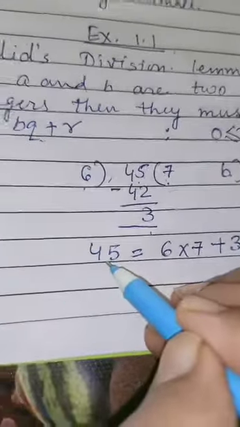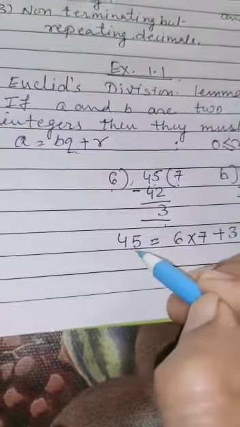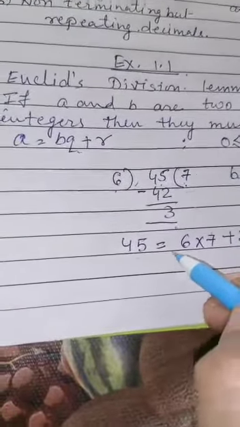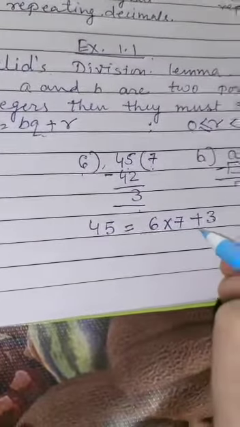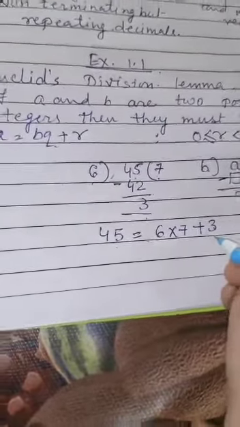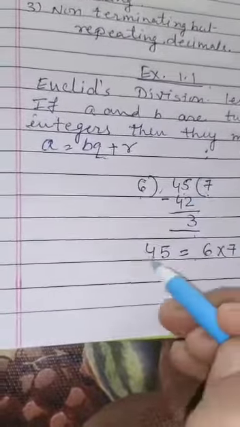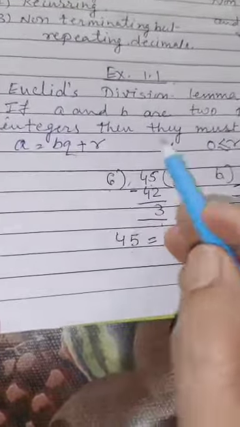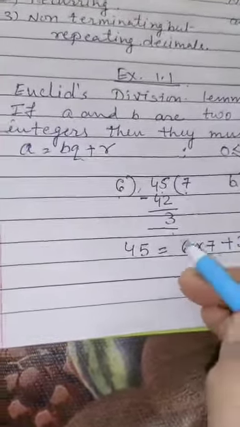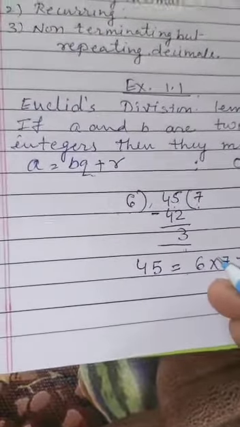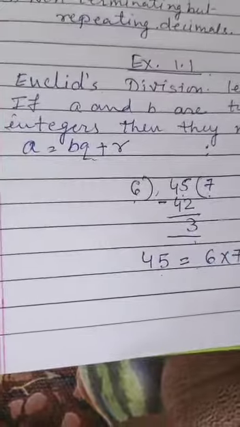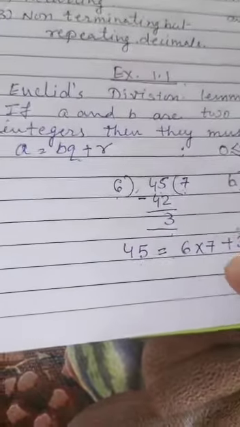You can see a is equal to bq plus r. This whole thing is called Euclid's division lemma. We take help of this lemma to find HCF of any 2 numbers or 3 numbers.